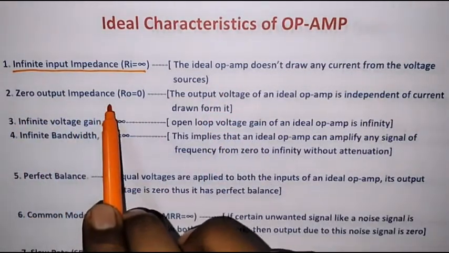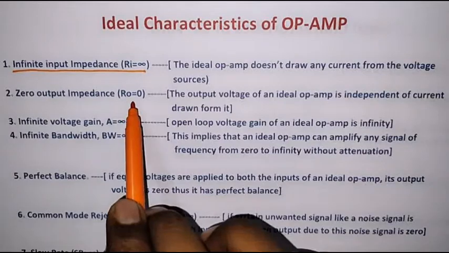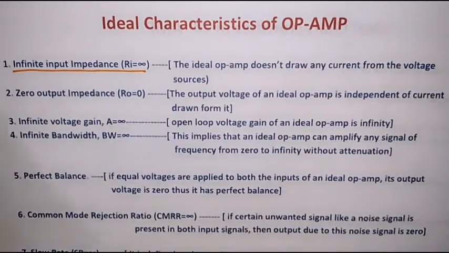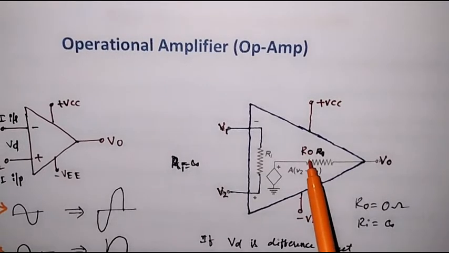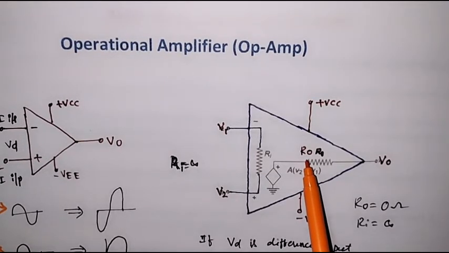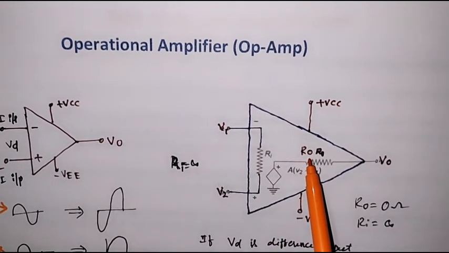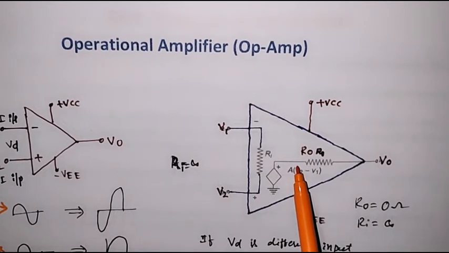Zero output impedance, that is Ro is equal to 0. As I have shown in the internal structure of op-amp, here we have a resistor. This resistor is known as output impedance or output resistance. Its value is supposed to be 0. If its value is 0, then because of no resistance, the entire current will flow.